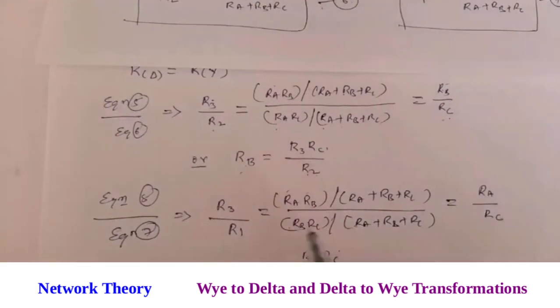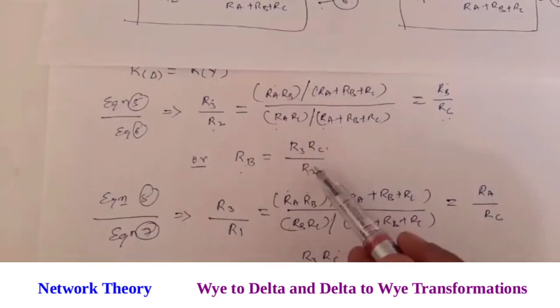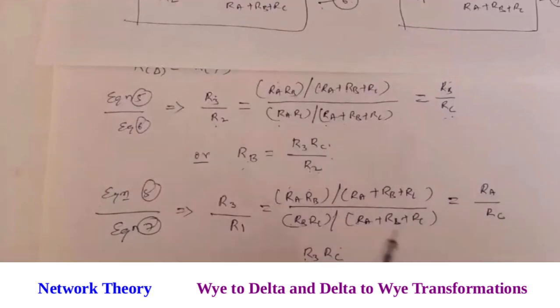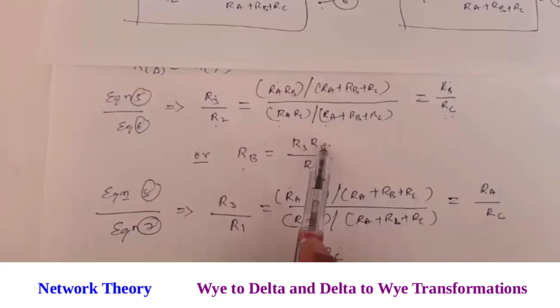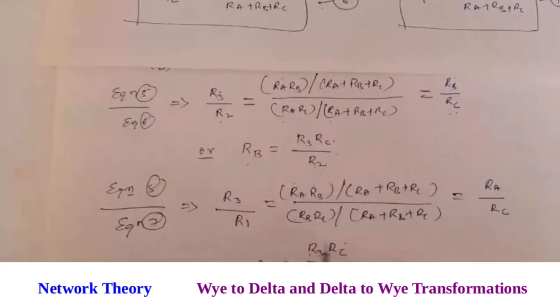What can be done is, in one of the equations we'll substitute the value of RB and RA, so that the total network will be only in terms of RC and the Y resistances. Hope this is clear to all of you, dear students.